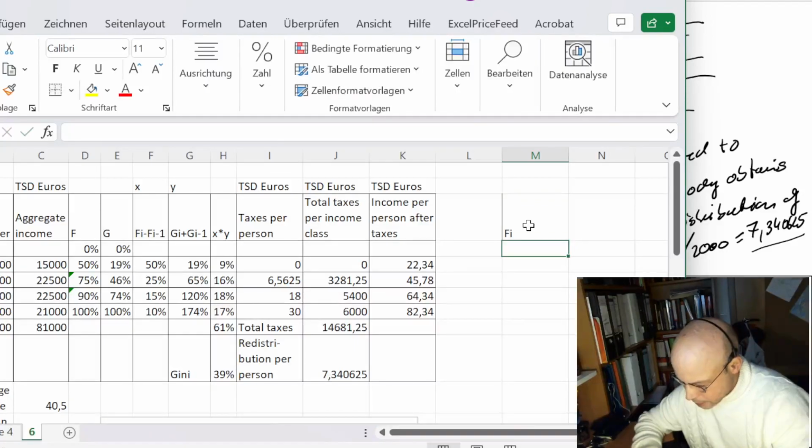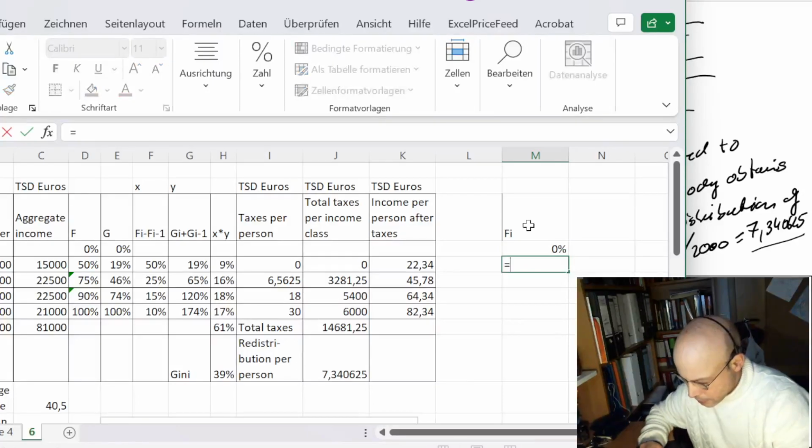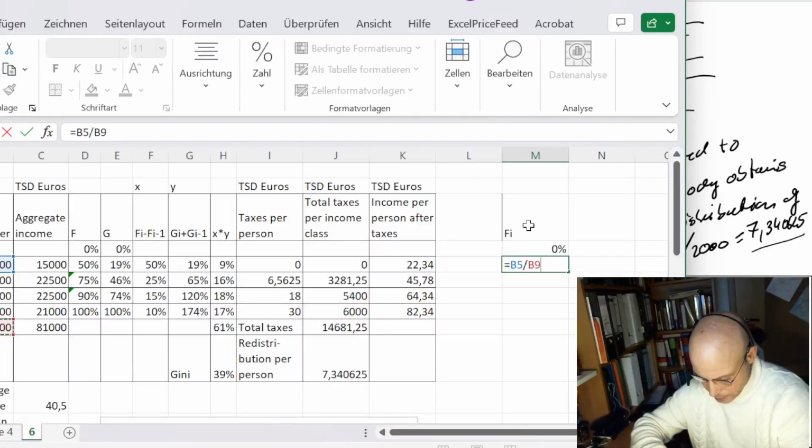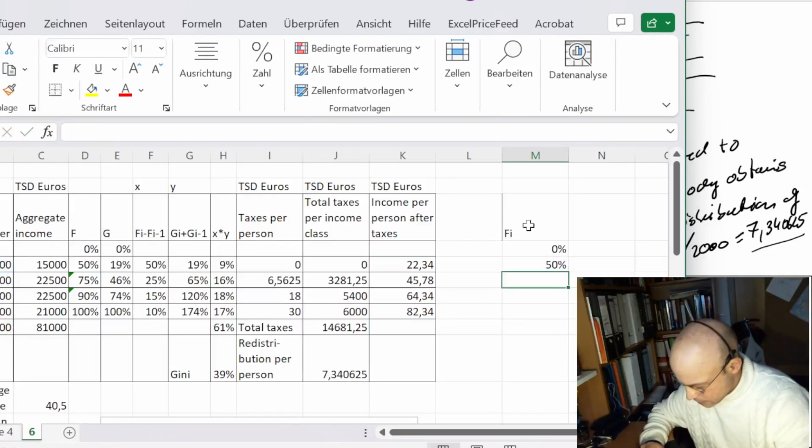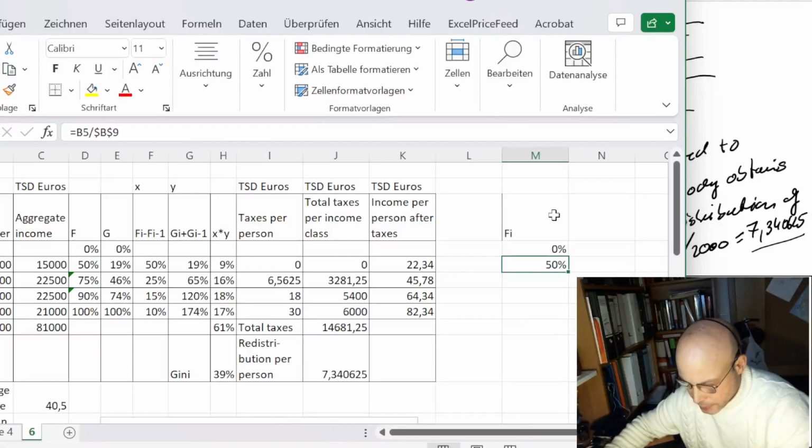So let's start again with 0, and the first one would be 50%, 1000 divided by 2000, and this we have to fix. So this would be 50, and then we have to aggregate.